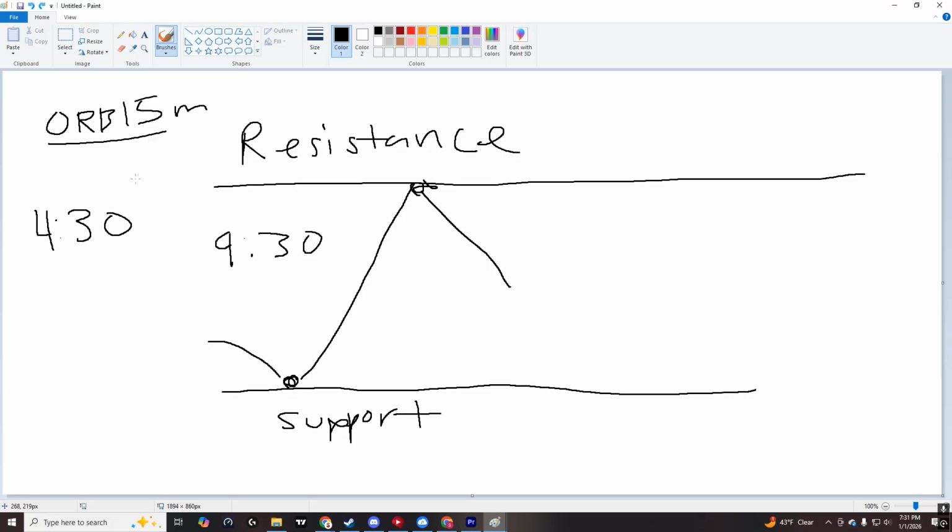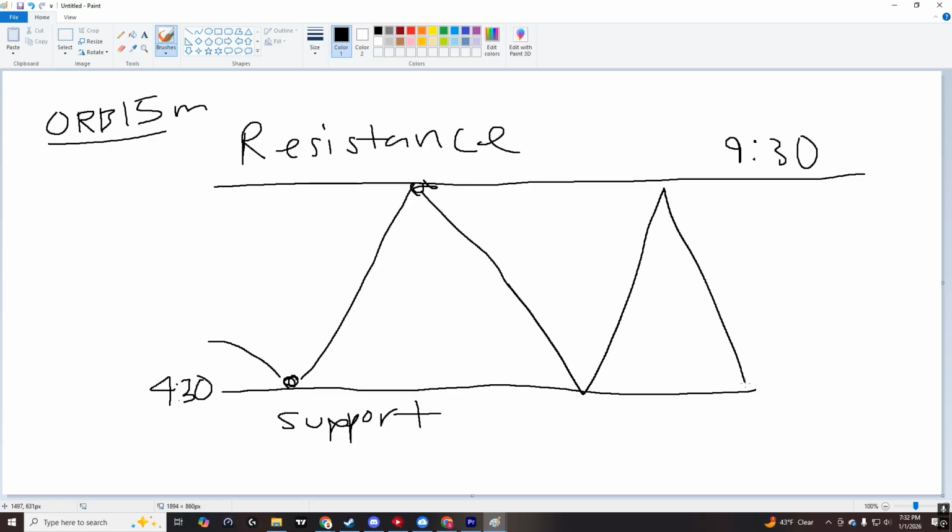Doesn't matter, but you're charting in between 4:30 and 9:30. So say this is the lows of pre-market, and this is the highs. We would be charting in between here, in between pre-market highs and pre-market lows, and this is another level of support and resistance.